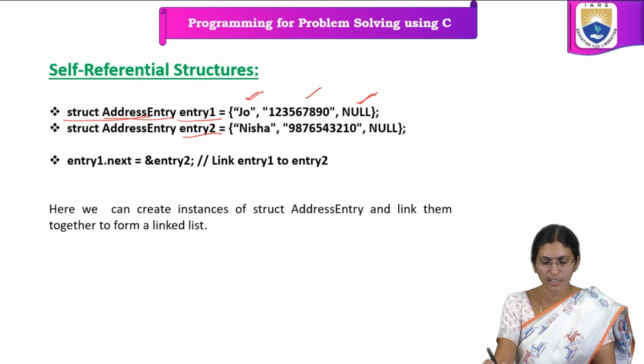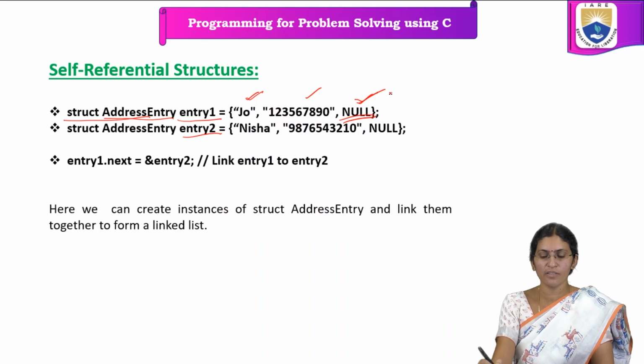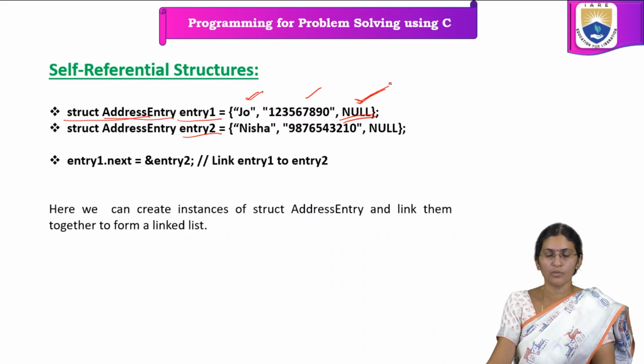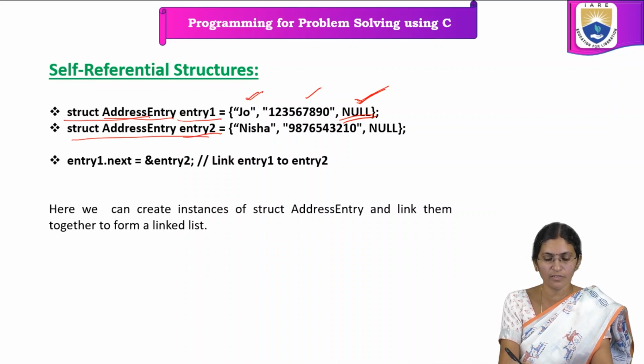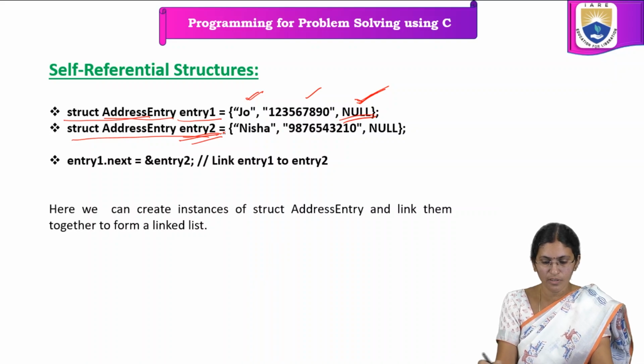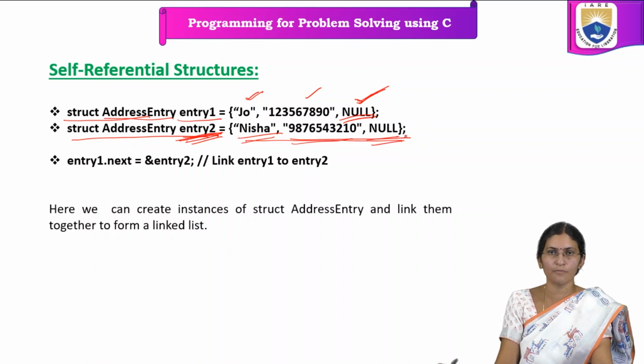If the pointer is not pointing to any valid memory address, it is a better choice to initialize it with null value. Null indicates 0. Next we are creating another variable, struct address entry, named entry 2. This structure variable entry 2 is initialized with three values: first Nisha, the name, next the phone number, and the last one is null.